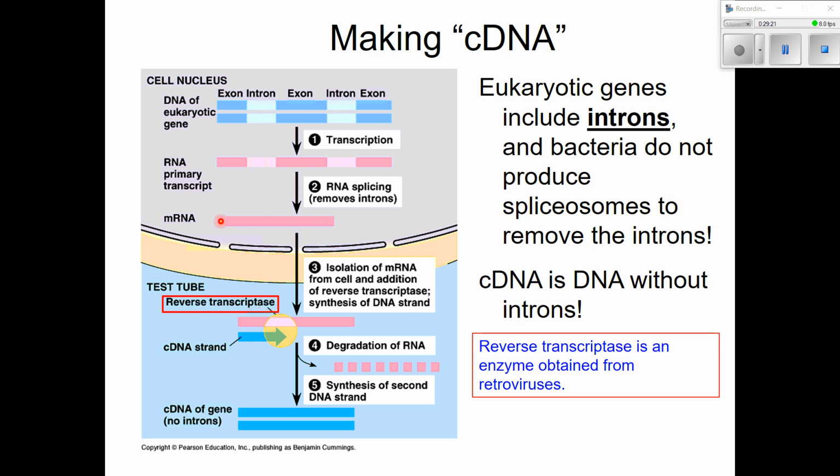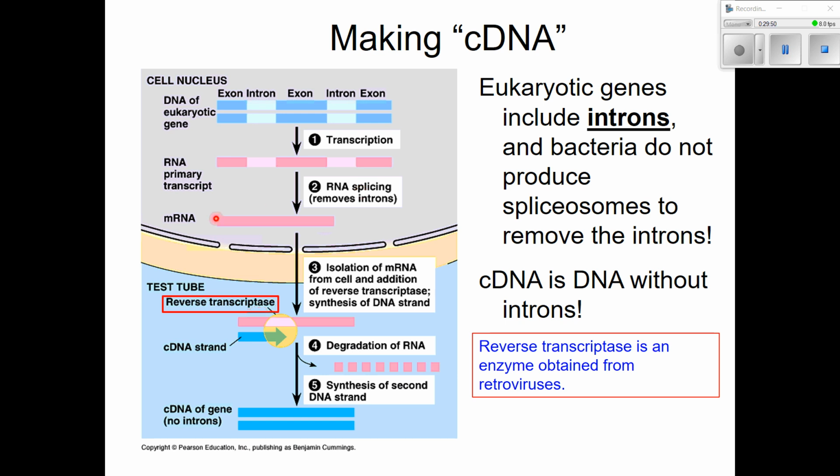All the exons will be spliced together. So now we have this mature messenger RNA. No introns. And this is what you would actually extract from the human cell. Not the original DNA, but you would extract this messenger RNA after the normal splicing has taken place.